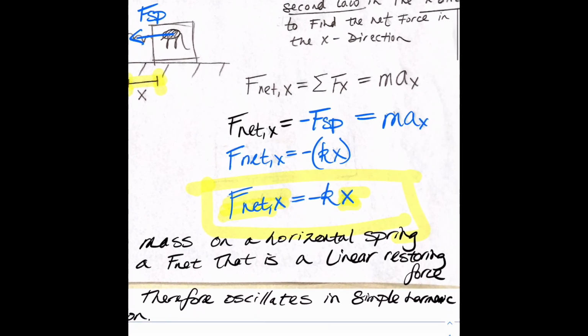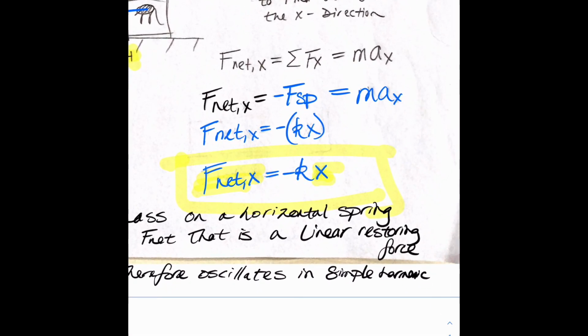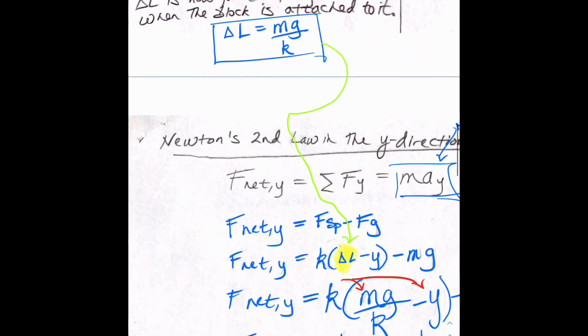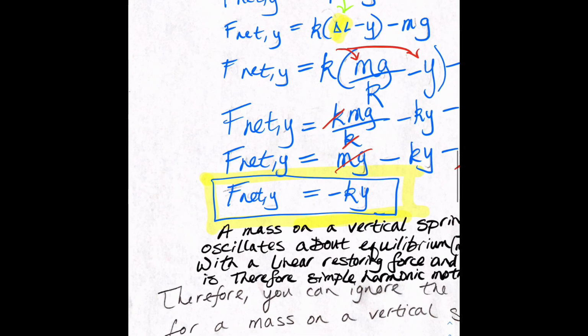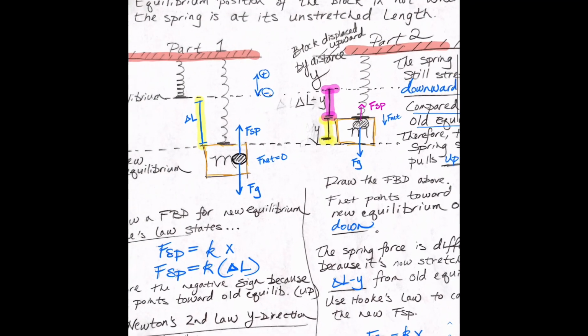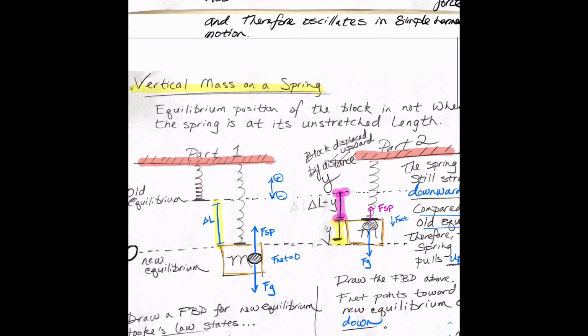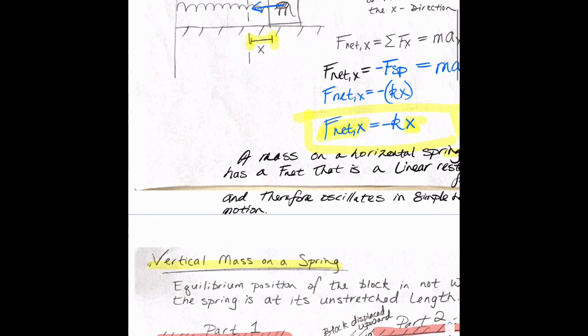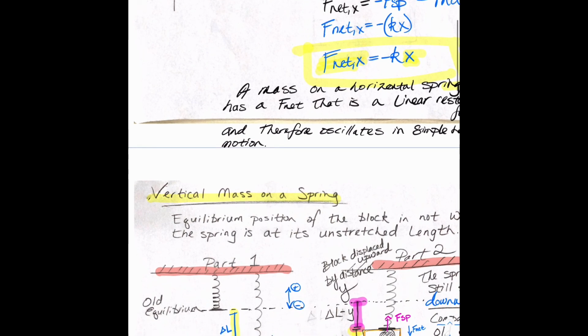Look at the equation; it's very similar. Anytime you have a linear restoring force for an object oscillating about equilibrium, you have simple harmonic motion. Simple harmonic motion we're going to see in the next section is sinusoidal, so we can represent it with cosine and sine waves.